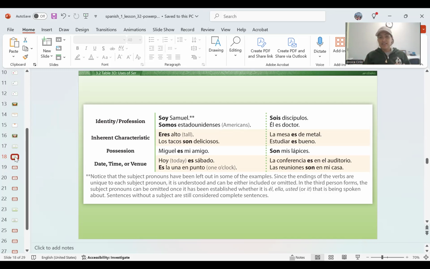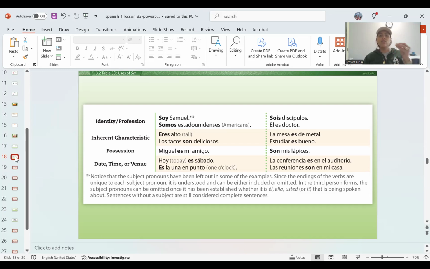Somos estadounidenses, that means we are American. So notice the somos there for nosotros, okay? In Spanish, I think it said it somewhere in the introduction of either this section or the previous section, that when you don't really need to have the subject, like if you have the verb conjugated for that subject, it's implied.